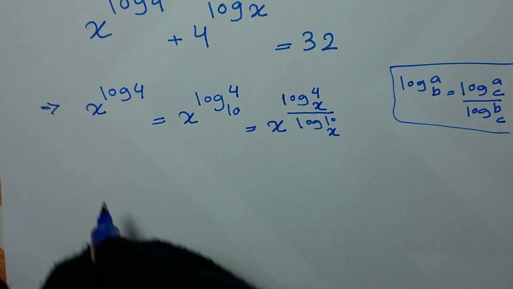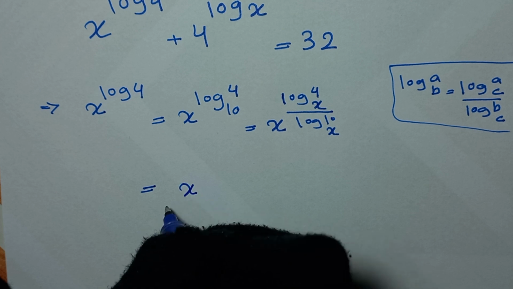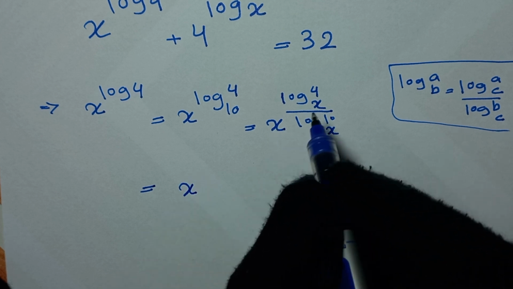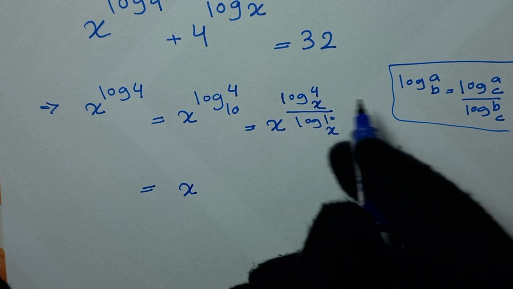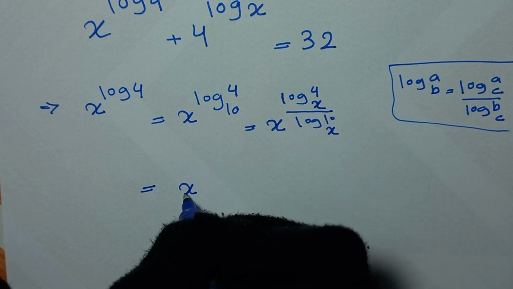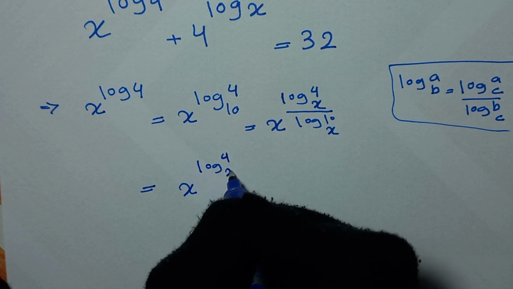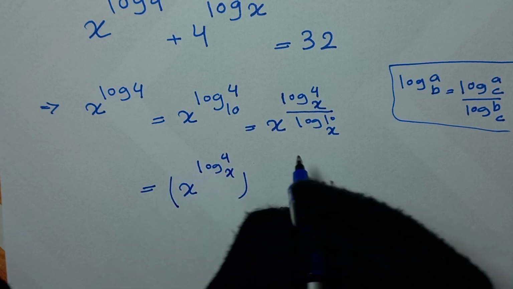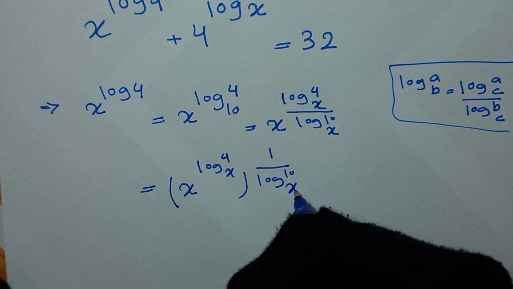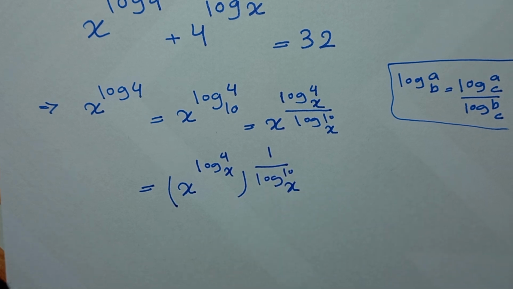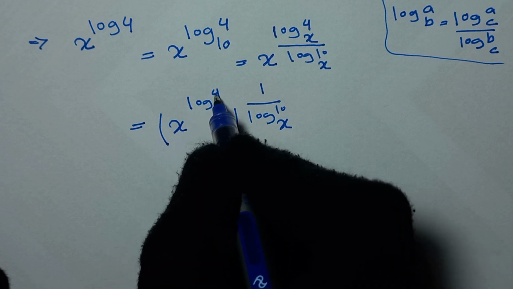So it will be x to power of log of 4 to base x over log of 10 to base x, and we can write this as x to power of log of 4 to base x, bracket to power of 1 over log of 10 to base x, right?